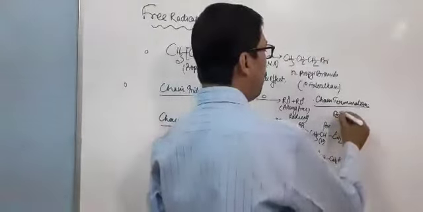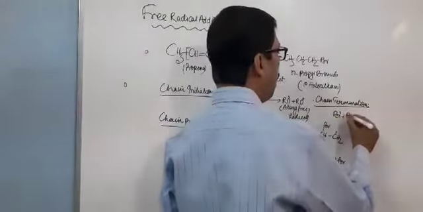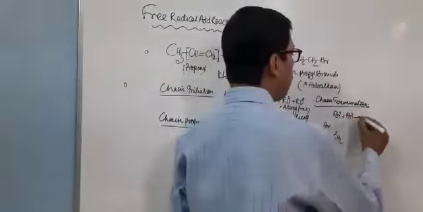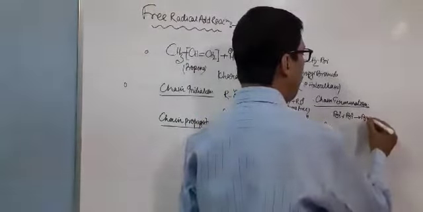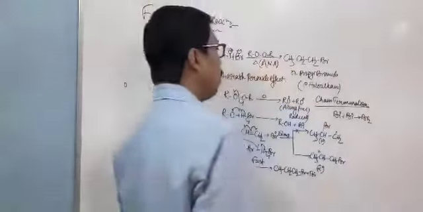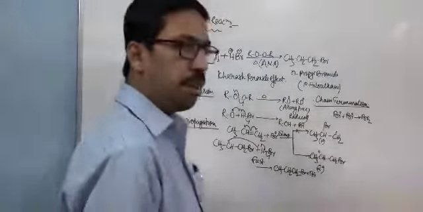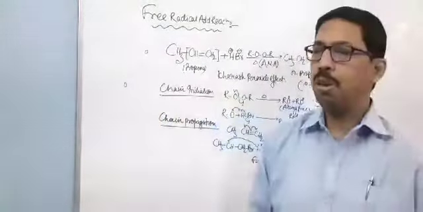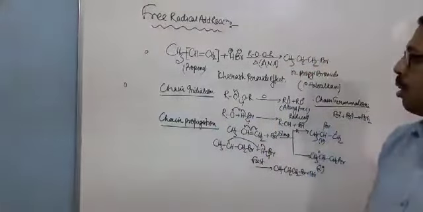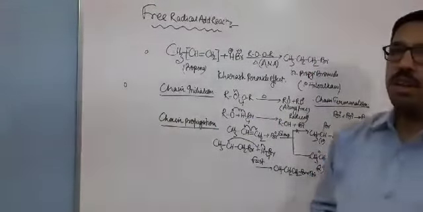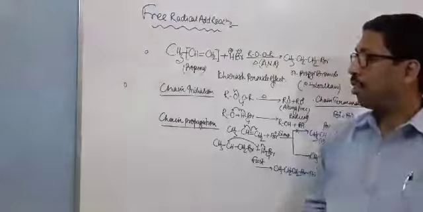So we have generated Br free radicals, and both interact together and form Br2. So these are the different steps involved to explain the free radical addition reaction.